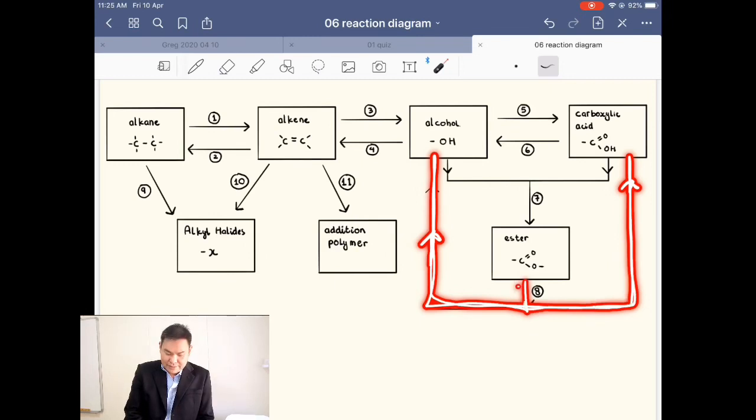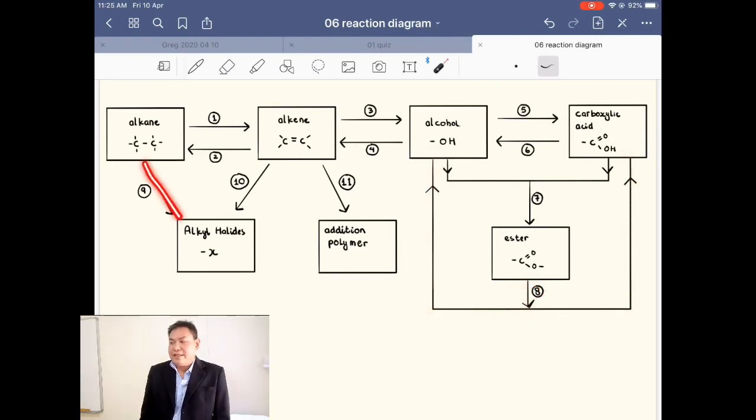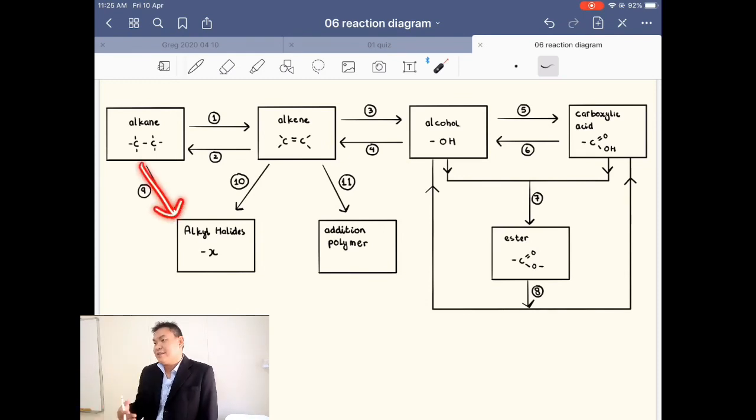Reaction number 9 is free radical substitution or just substitution. Catalyst is UV light. The product is alkyl halides, and the byproduct is HX. HX can be HCl, HBr, HI, and you will observe white fumes.